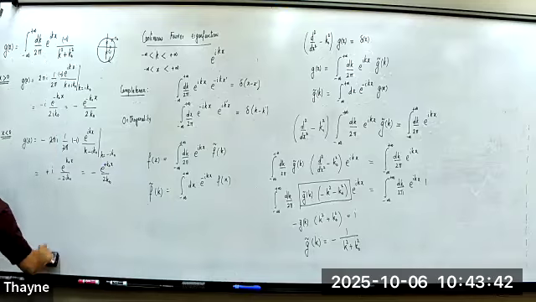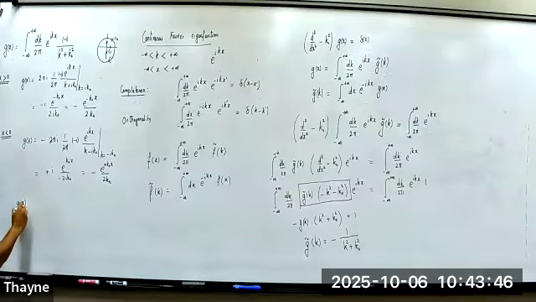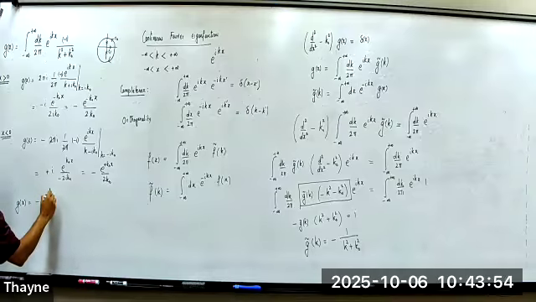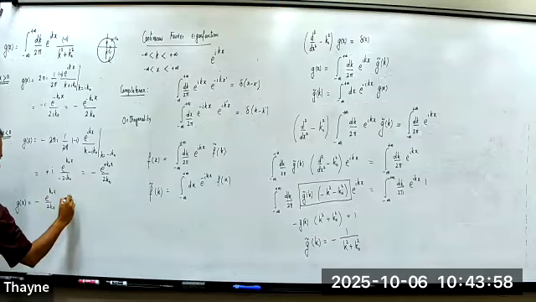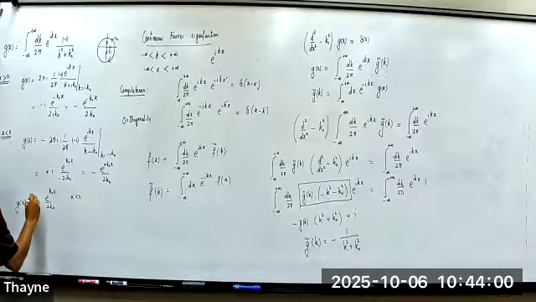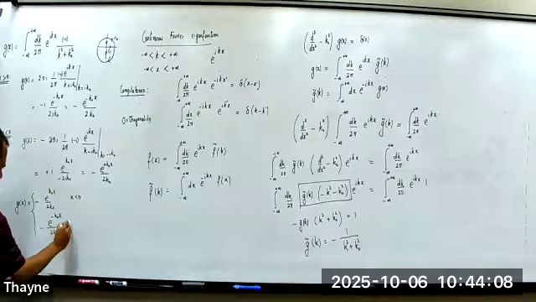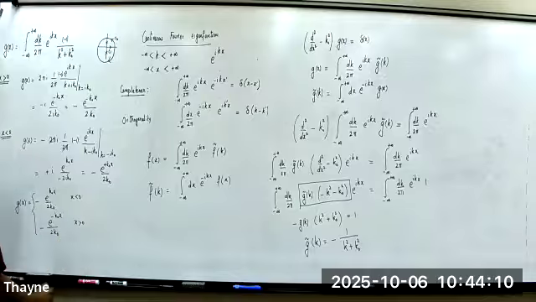So the two solutions we have: g of x is equal to minus e raised to k naught x over 2 k naught if x was less than 0, and it is minus e raised to minus k naught x over 2 k naught if x was greater than 0.